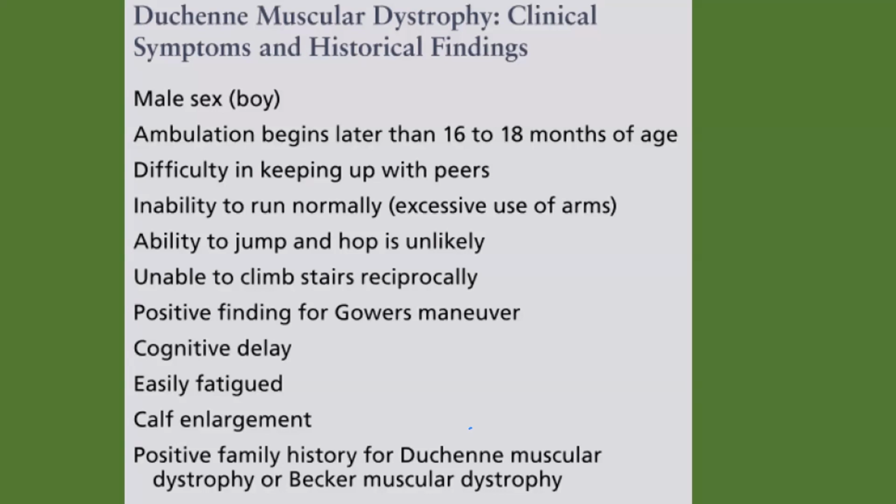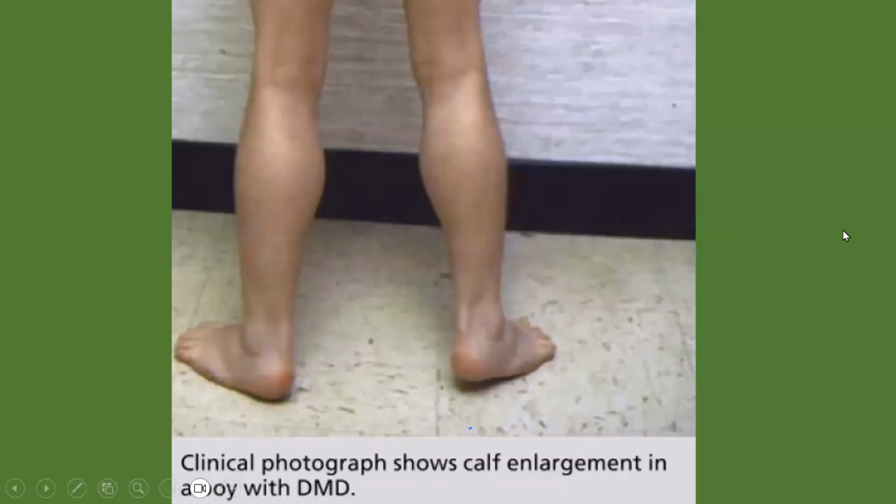And look at his calves. They tell you, look at the calves. They're more enlarged than our other children. Their other children are mostly girls. If you look at the child with Duchenne muscular dystrophy, they have a hypertrophied calf, as is shown in this slide.